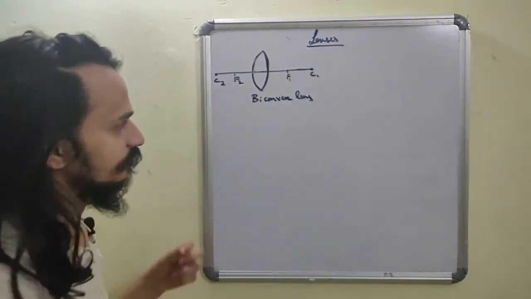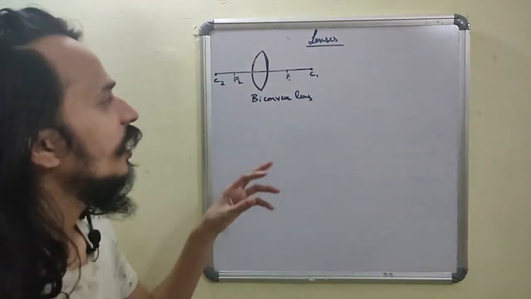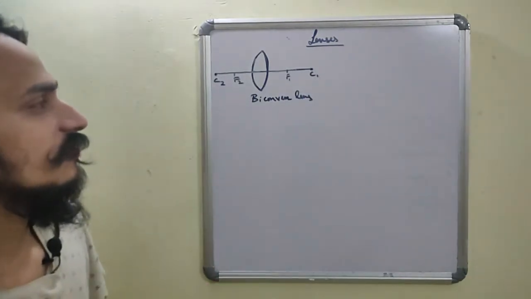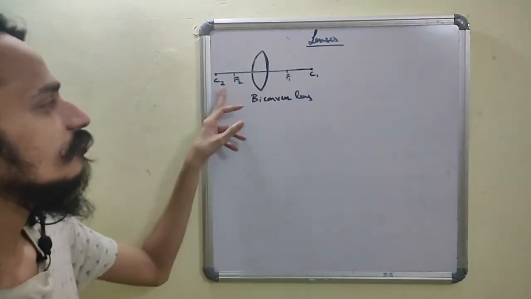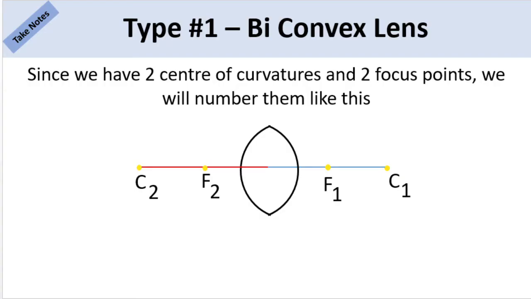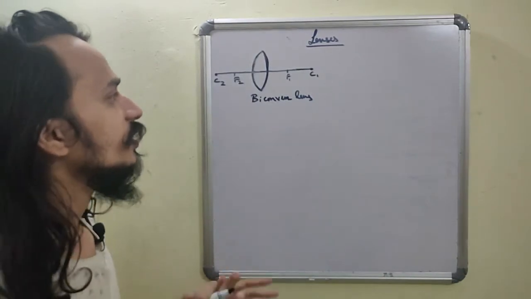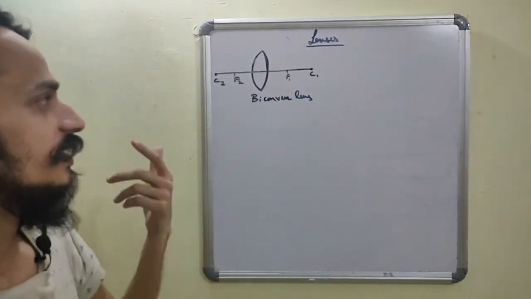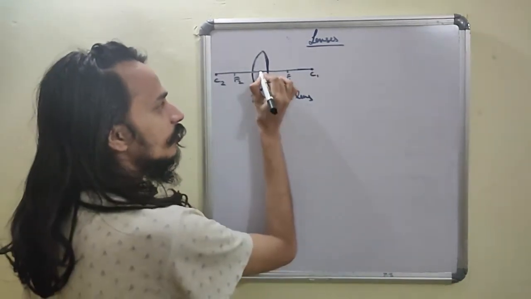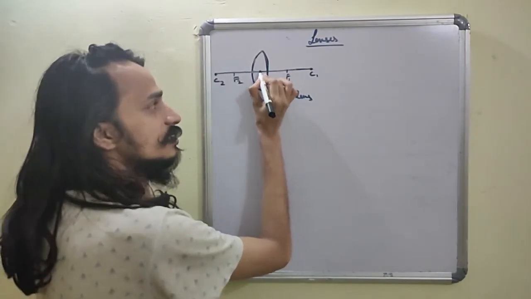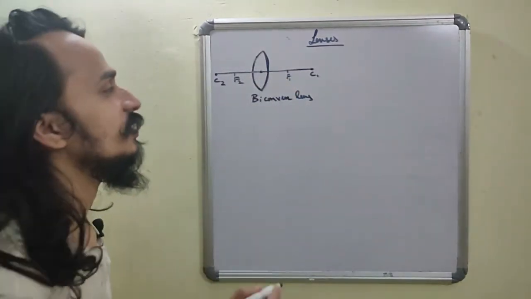Then just to recall, F is focus, C is center of curvature. Now, where is the pole over here? Over here, pole is not really taken as pole. We take what we call the middle, exactly the center of the lens.